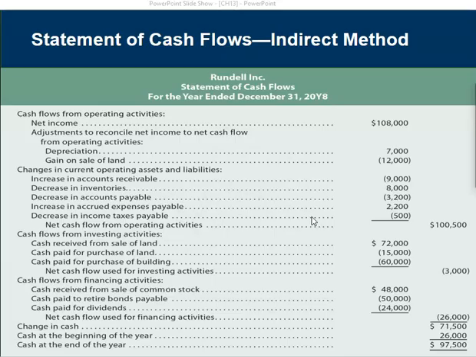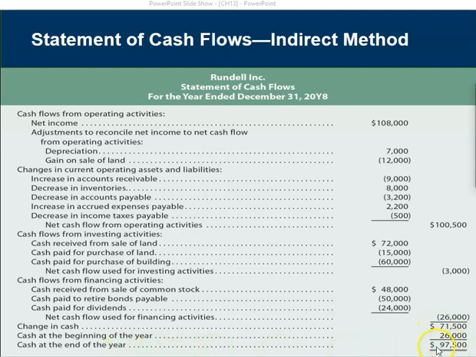What else? All right, so we have, looks like, the exact same statement of cash flows that we had before. Is that the truth or is that not the truth? I don't know. But if you recall with our balance sheet, I do remember that the cash at the beginning of the year was $26,000.